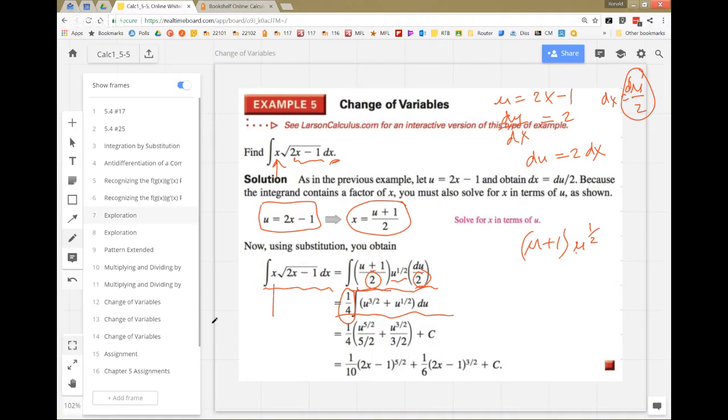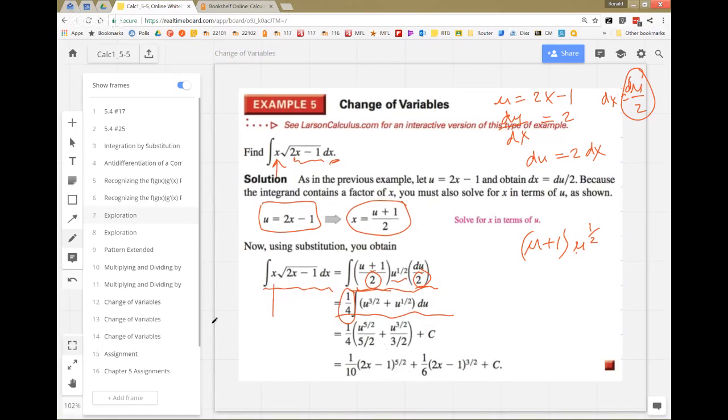Okay. Now, we got to do a couple things. If you're dividing by 5/2, that's the same as multiplying by 2/5. And 2/5 times 1 over 4 is 2/20 or 1/10. And in place of u to the 5/2, now plug in the original 2x minus 1.